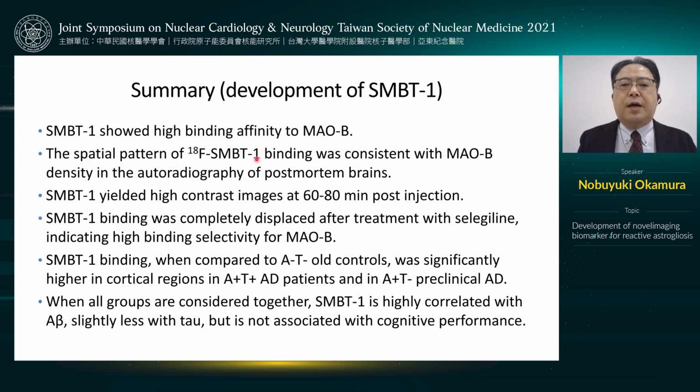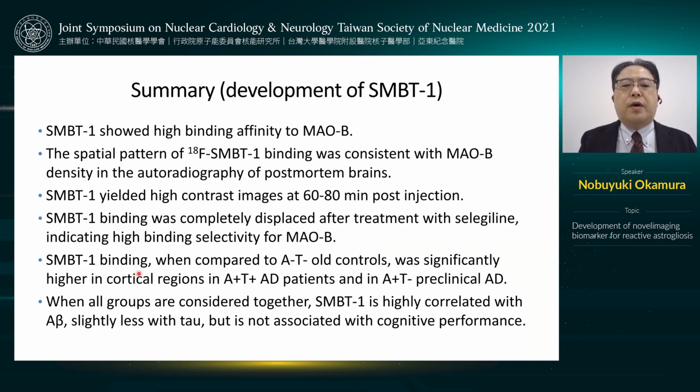SMBT1 shows high binding affinity for MAO-B, and the spatial pattern of tracer binding was consistent with MAO-B density in the autoradiography of postmortem brains. This tracer yielded high contrast images at 60 to 80 minutes post-injection, and tracer binding was completely displaced after the treatment.